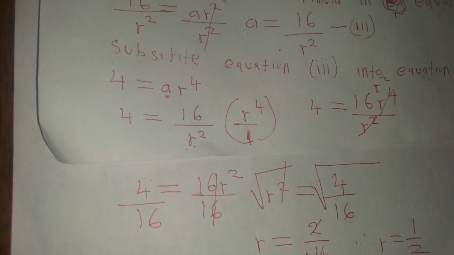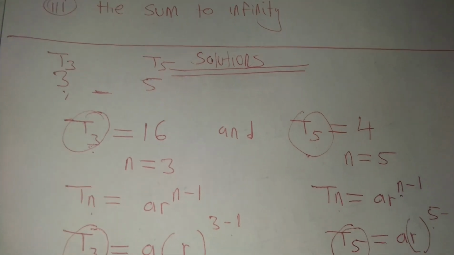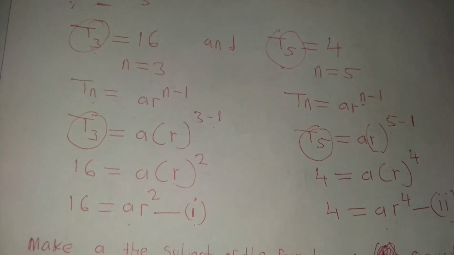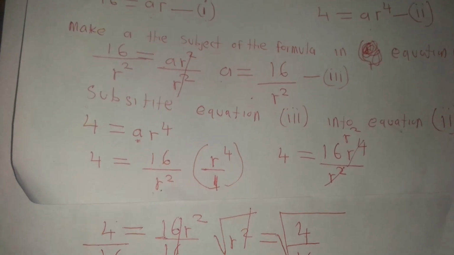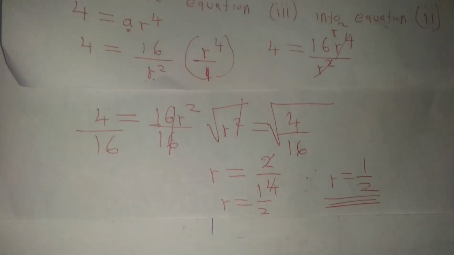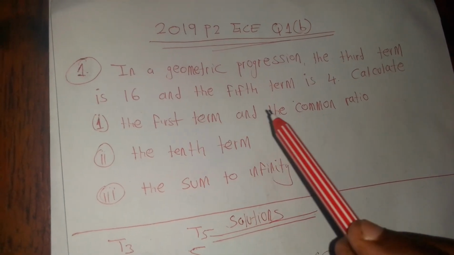Okay, so the solutions start from here. From that side we continue moving like this, up to here. Now if you look at the question, it says the first term and the common ratio.